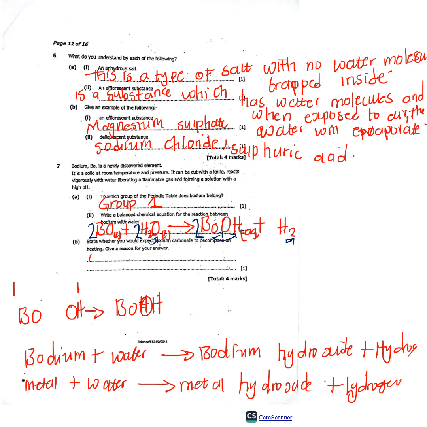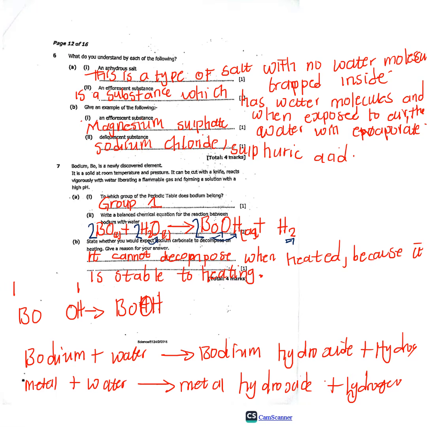So carbonates of group 1 metals are stable when it comes to heating, so they do not decompose.